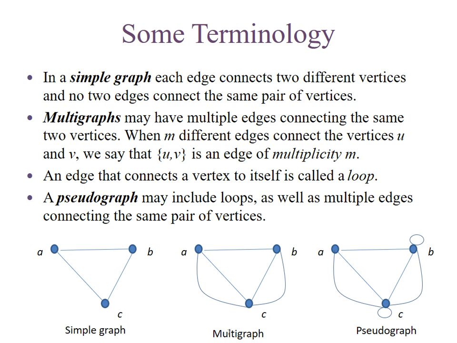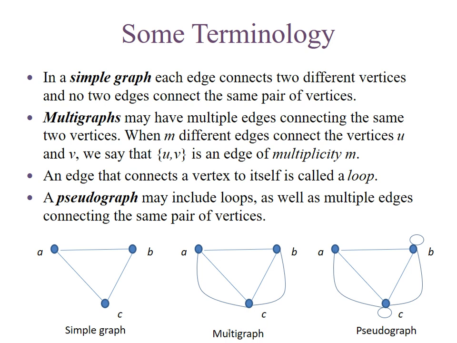Next, we have a very special configuration of the graph called a loop. We can see there is a loop starting at B and ending at B. An edge can connect two different vertices, but it may connect just one vertex, and that's what we call a loop.